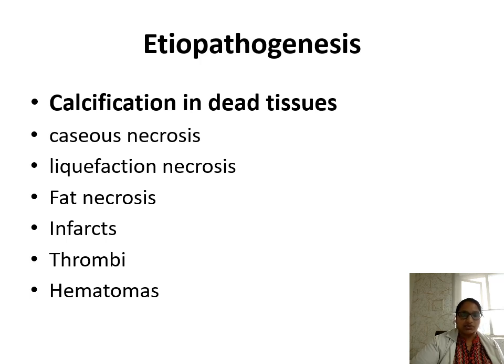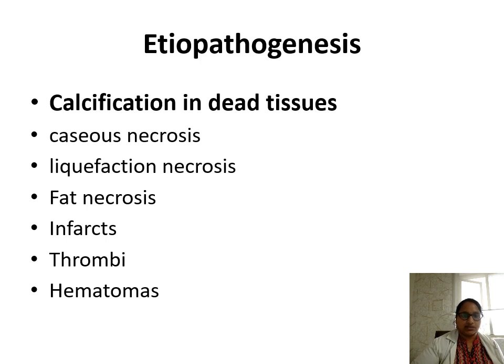Fat necrosis is due to trauma to the breast, or enzymes released in acute pancreatitis, which cause mesenteric fat necrosis, or it can be infarcts like myocardial infarction, splenic infarcts, liver infarcts, or thrombi or hematomas. All these can undergo calcification.